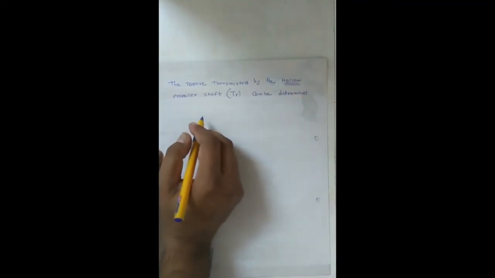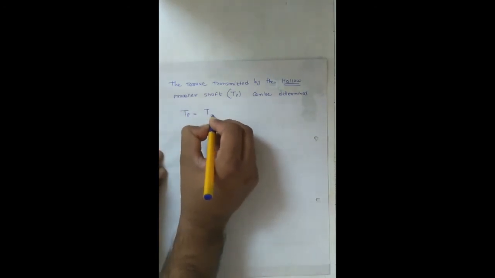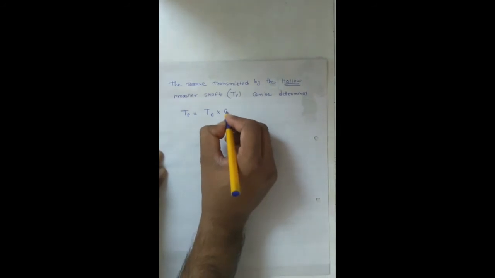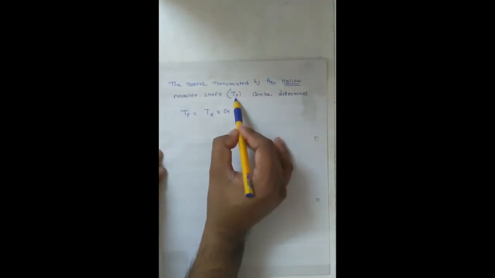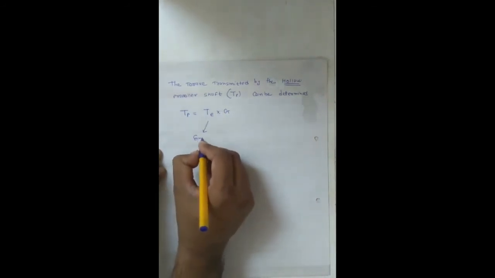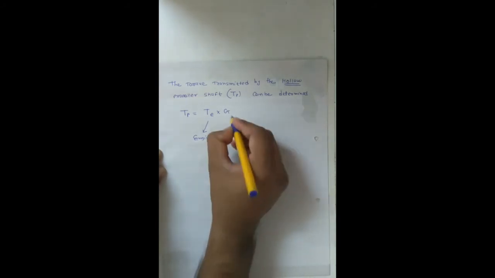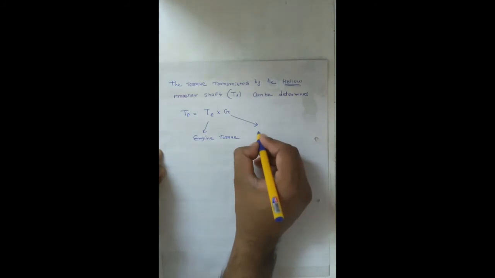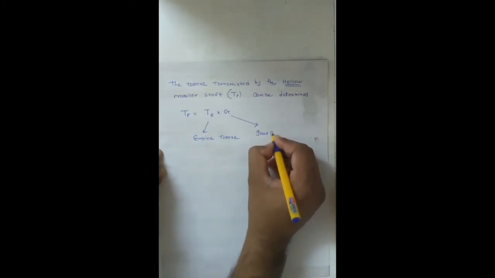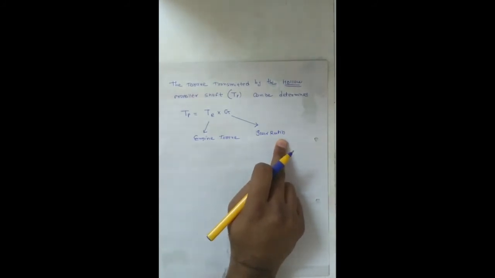by the equation TP is equal to TE into G. Here TP is the torque transmitted by the hollow propeller shaft, TE is the engine torque, and G is the gear ratio, which is given in the example. We have to find the engine torque.